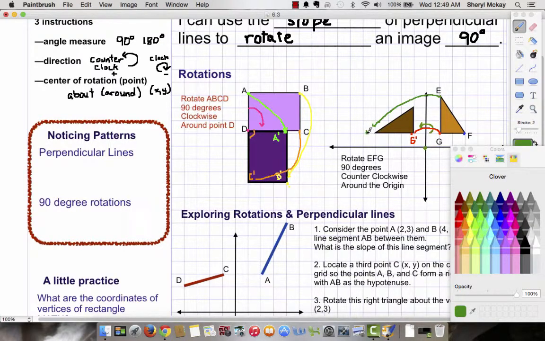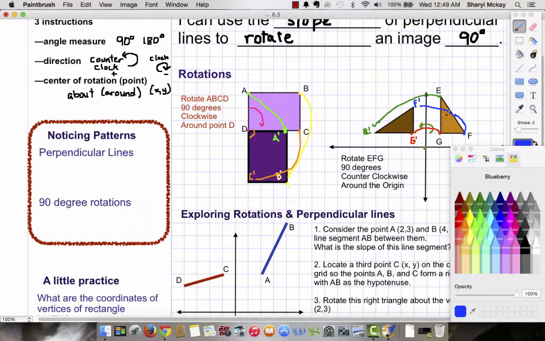We'll call this one E prime. And then F, which was our blue one, rotates around to here, and that's F prime.